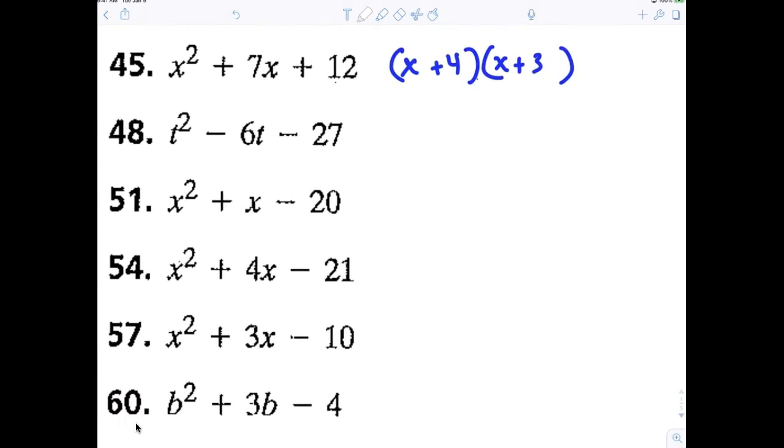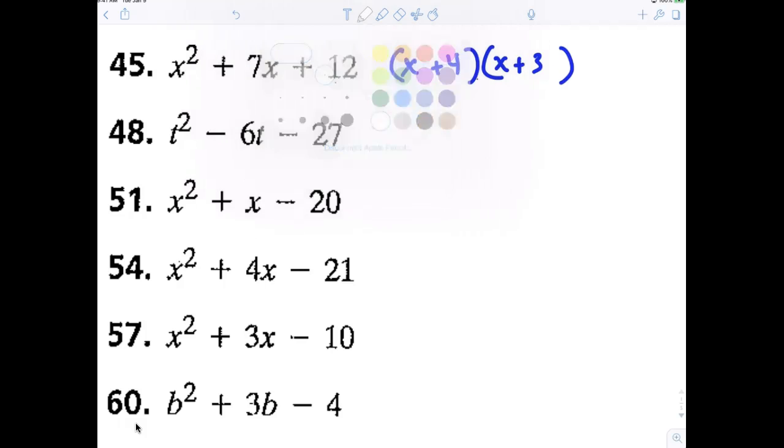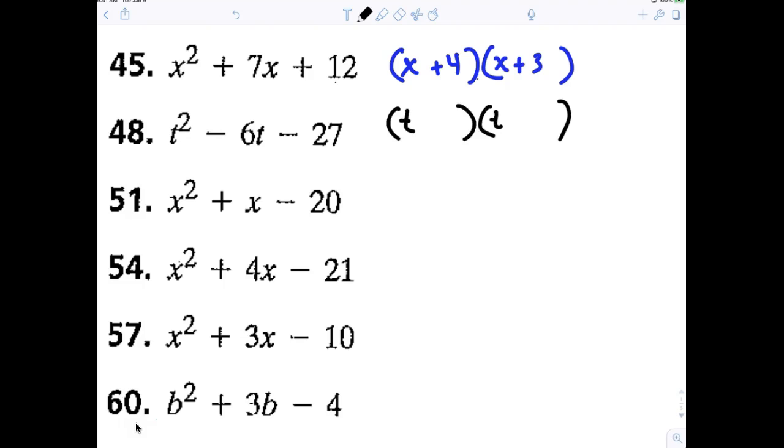Okay, here we go. 48. Ben. So you have to put the x's first in parentheses, and factors of 9 and... Beautiful. And now what? Positive and negative. Thank you very much. Good job.